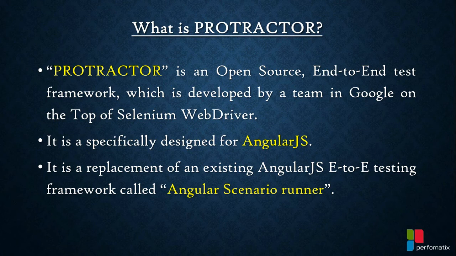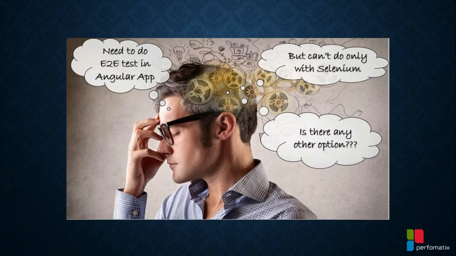As for why the name Protractor was given, normally a protractor is a device used to measure angles. Maybe that's the reason they gave this name to the tool, because we are going to measure or check that Angular application. So that's a brief introduction.